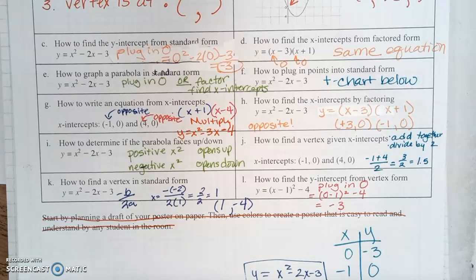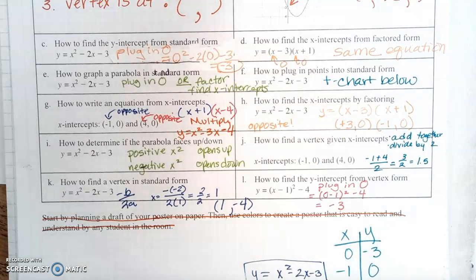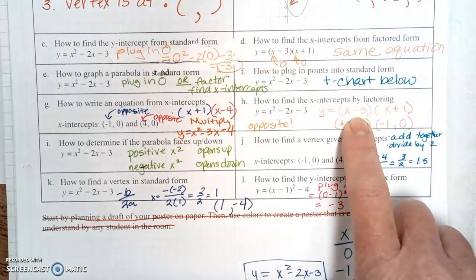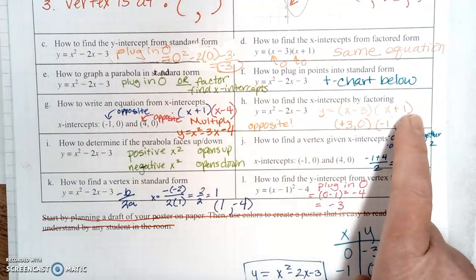Okay? Box H says, how do you find the x-intercepts by factoring? It's kind of the opposite of what we just did in box G. So you factor the equation, and you get x minus 3 and x plus 1.